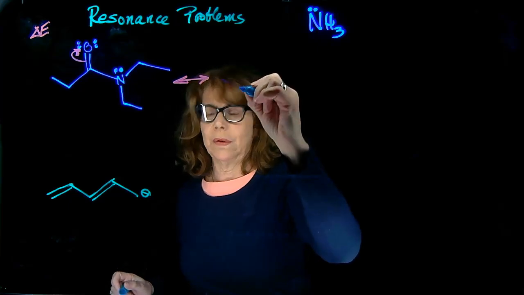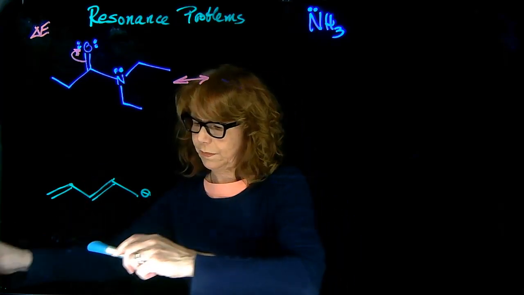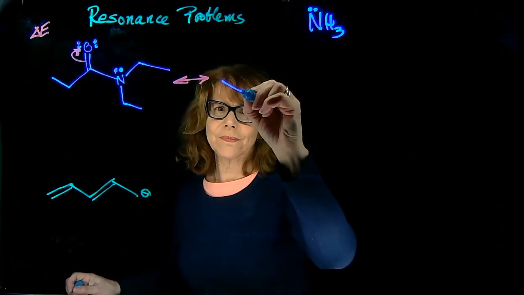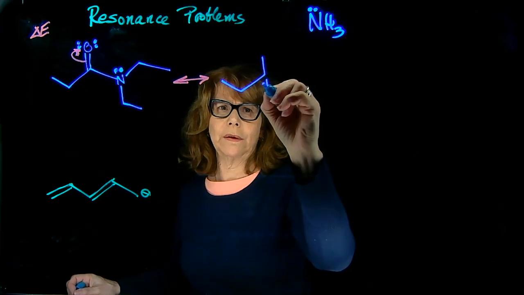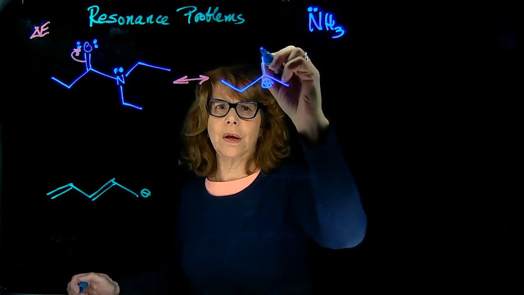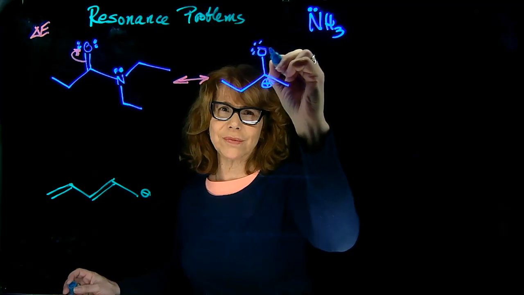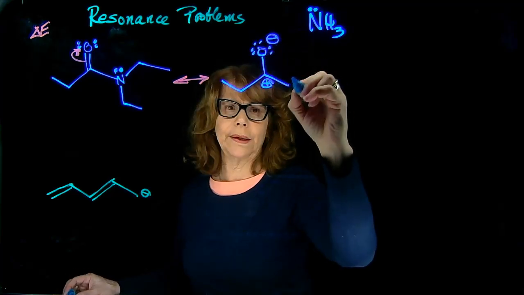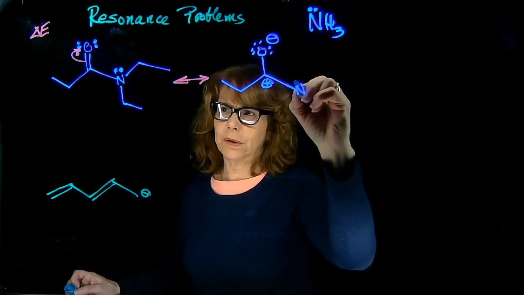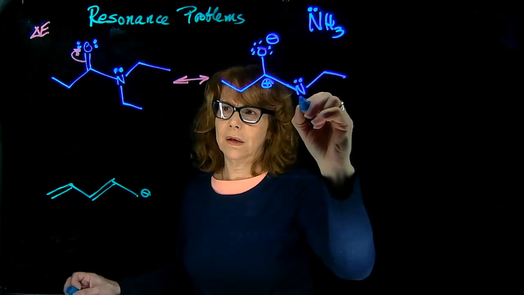So now, having formal positive here, I'm going to have the oxygen with 3 lone pairs, so it's formal negative. And I'm going to have the nitrogen here.